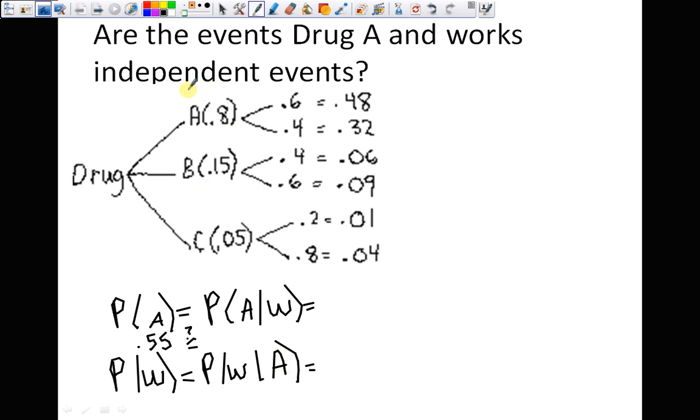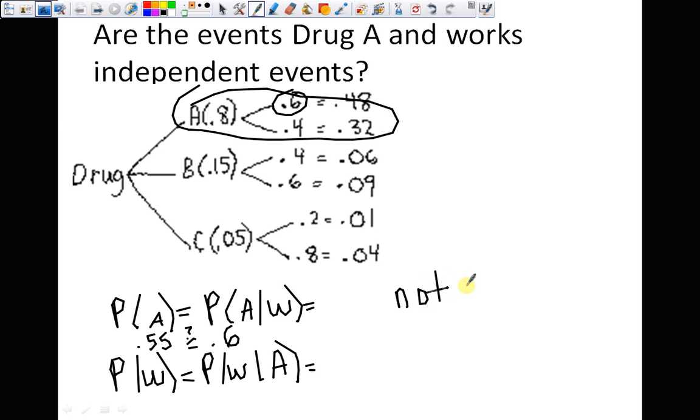Given that we use drug A, this is my universe now. So given that I'm in universe A, what's the probability that it works? And that was 0.6. So that's my conditional probability here. So the fact that they are not equal means that the events are not independent.